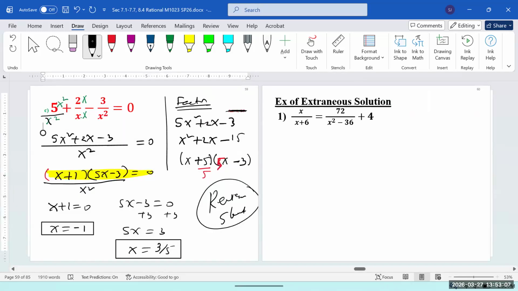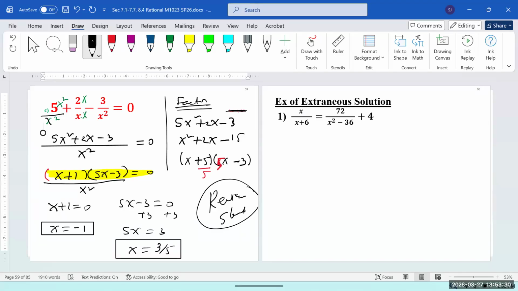Now, let me do this using not my method, but a different method, just to show you the danger if you don't follow my method. If you don't want to, don't copy, because I don't want to mess you up. I just want to show you a different method. In this different method, people actually don't bring everything to one side.